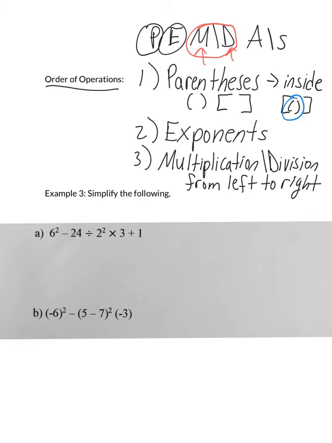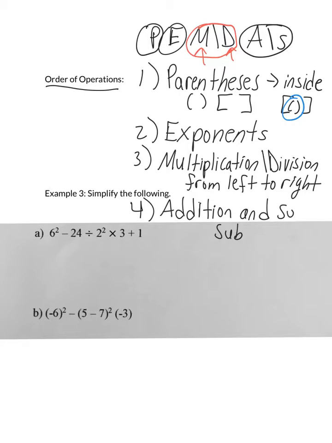And the same thing for addition and subtraction. You'll notice I also drew a slash in between A and S. A for addition, S for subtraction. So step 4, reading your math question from left to right: addition and subtraction. Actually, let me see if I can fit this in way over here. Let me try to write a little bit smaller. I want to make sure I leave some room here for example 3 in a second.